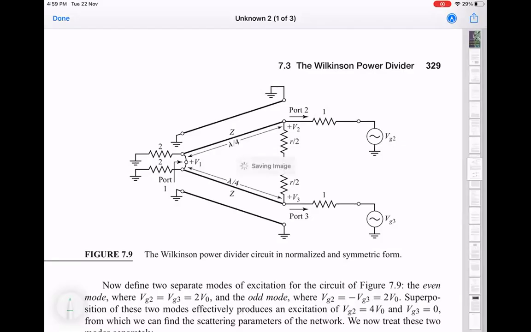It's exactly the same idea here as well. By going into this even and odd mode, you are taking one general scenario and turning it into a different general scenario. However, the pieces of that second picture allow you to simplify the overall circuit and compute the response.